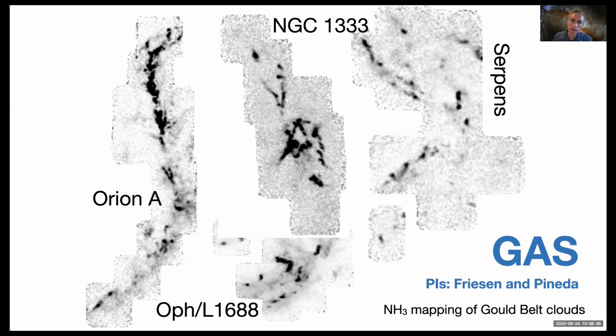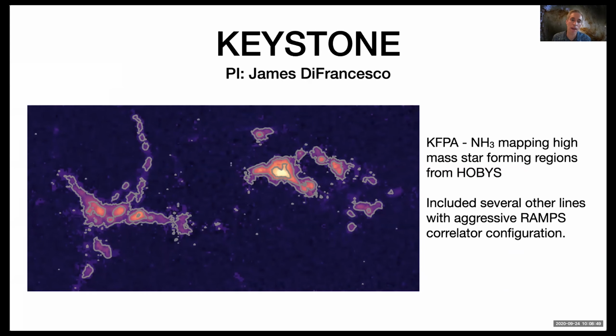Using the Keystone survey, we extended that challenge by taking this KFPA mapping and really pushing the Vegas correlator all out. We used the ramp spectroscopic survey setup with a very fast dump time and really the shortest possible frequency switching time to get to the results that we need for this Keystone project. And that really challenged us on how to operate large spectroscopic data volumes coming in.